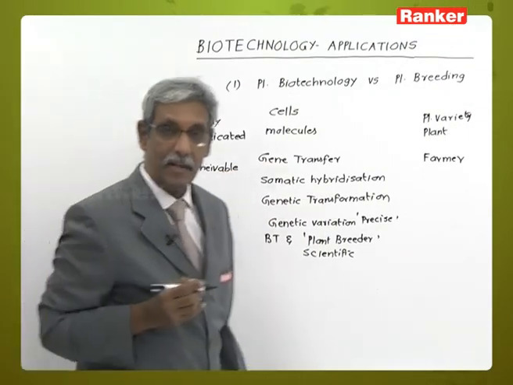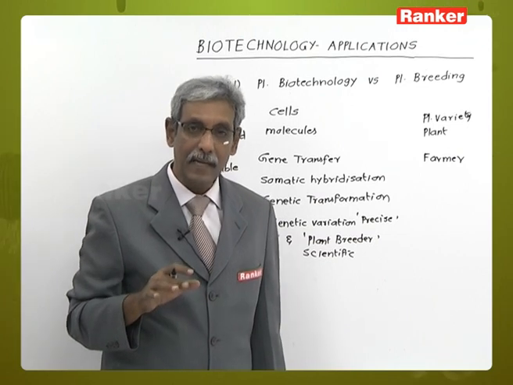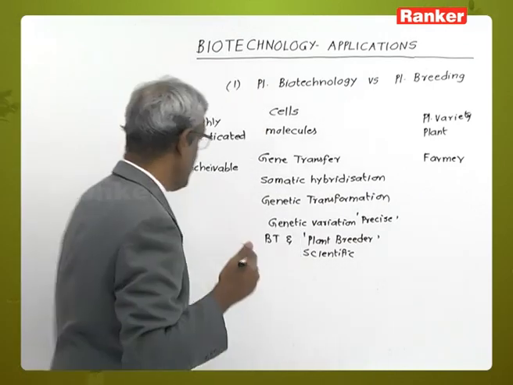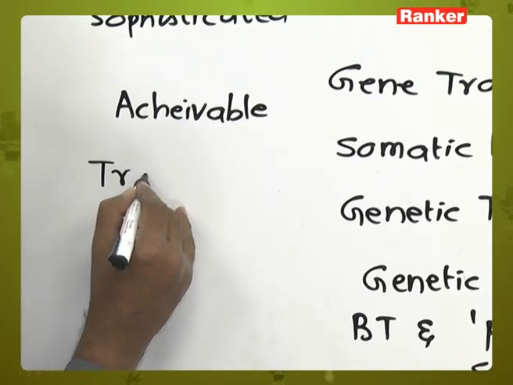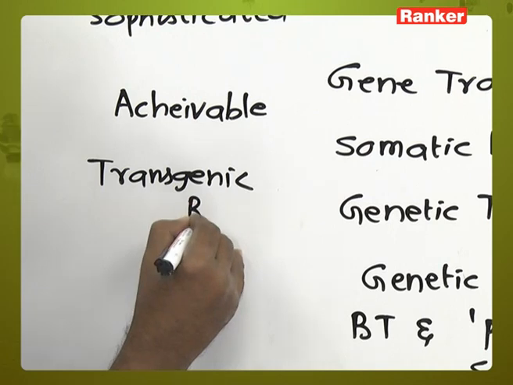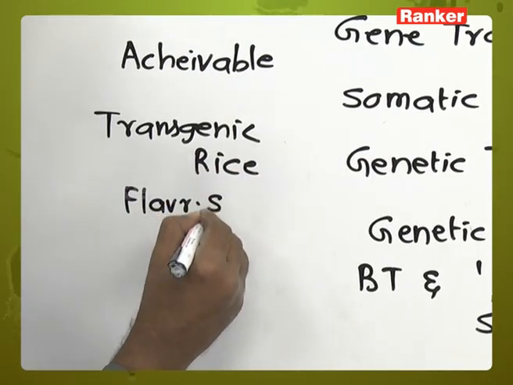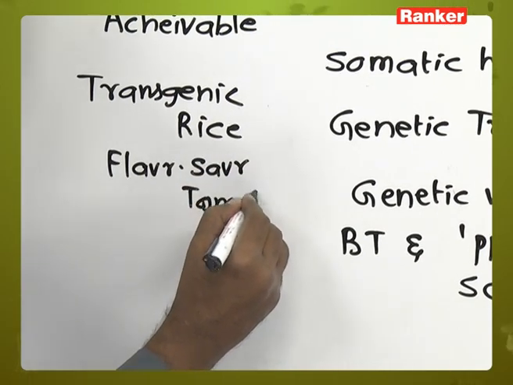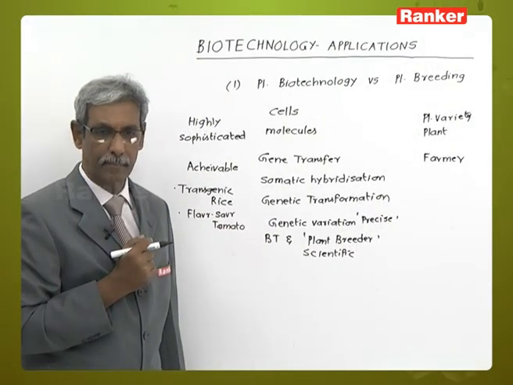We have had several success stories as well as limitations in biotechnology. But despite that, transgenic rice and the Flavr Savr tomato are two very important achievements, the success stories of genetic engineering.